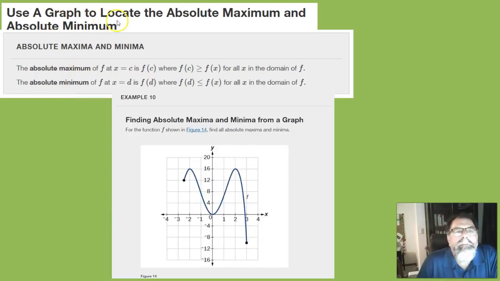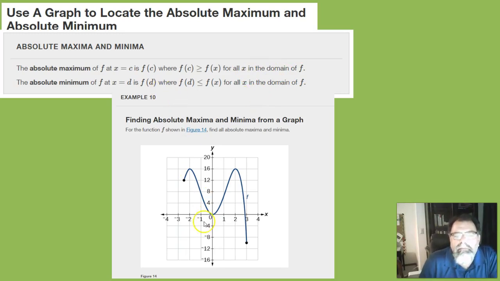All right, use a graph to locate the absolute maximum and absolute minimum. The absolute maximum of f at x equals c is f of c. So again, it's the y value, where f of c is greater than or equal to f of x for all x in the domain. So when we say absolute, we're looking at the whole function over its entire domain.